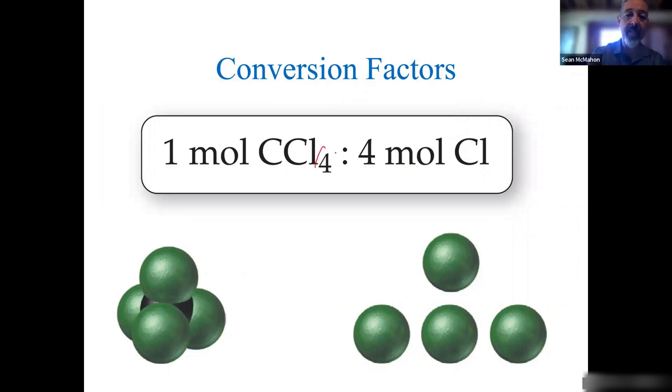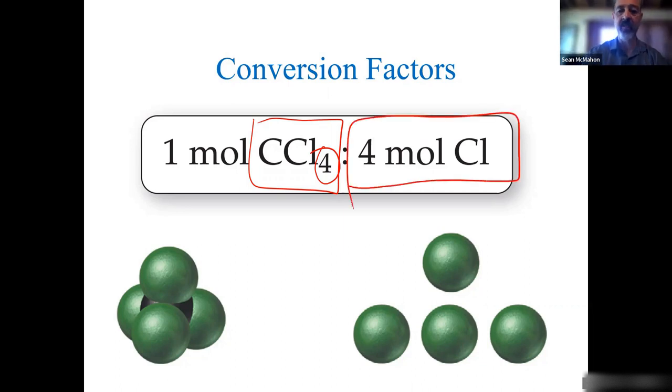So now, because I'm working with molar mass and I'm working with quantities in grams that are more realistic, when I look at a formula like carbon tetrachloride, I'm really thinking I got a mole of this. So if I have a mole of carbon tetrachloride, then I got 4 moles of chlorine atoms. It's just a ratio. There's 4 chlorines per carbon tetrachloride.